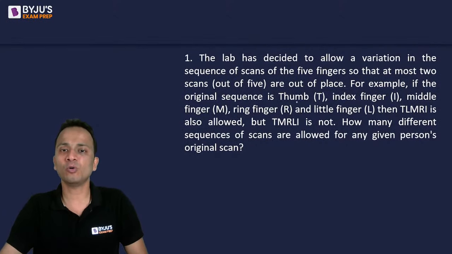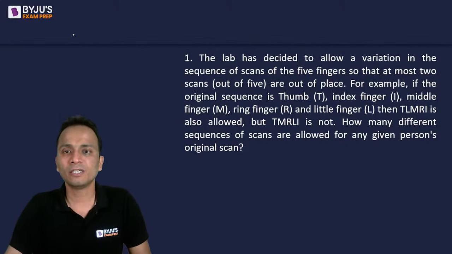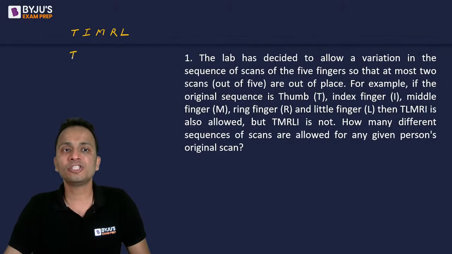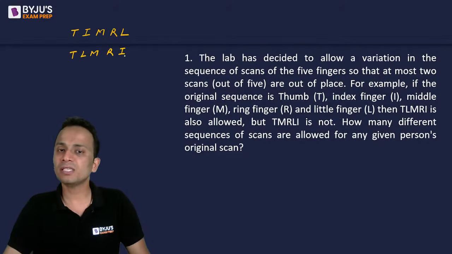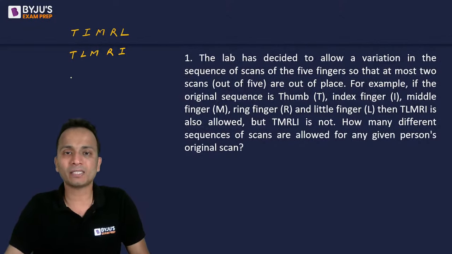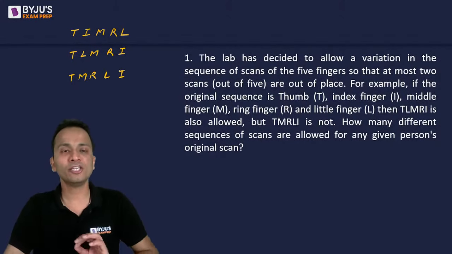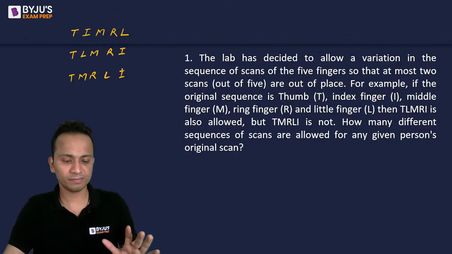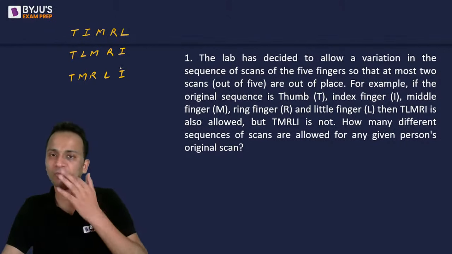For example, if the original sequence is thumb, index finger, middle finger, ring finger, and the little finger, then T, L, M, R, I is also allowed, but T, M, R, L, I is not allowed. तो ज्यादा से ज्यादा 2 आउट ऑफ प्लेस हो सकती है.